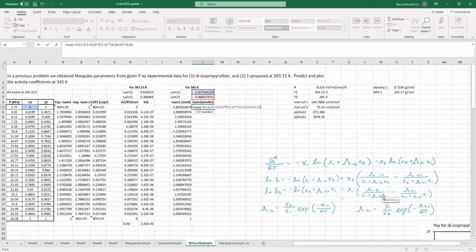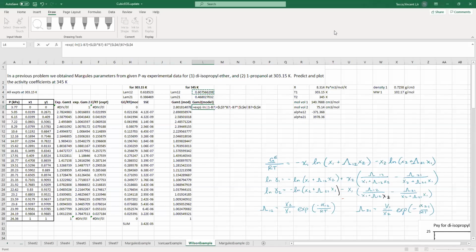Oh, and I also need an x2 right there. Let me see if I can put that in. Yep, I was missing that term, missing this x2 there. So I'm gonna go back to my formula. Where am I at? I need to multiply this by x2, 1 minus x1.